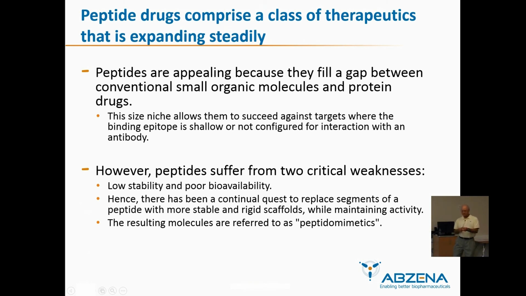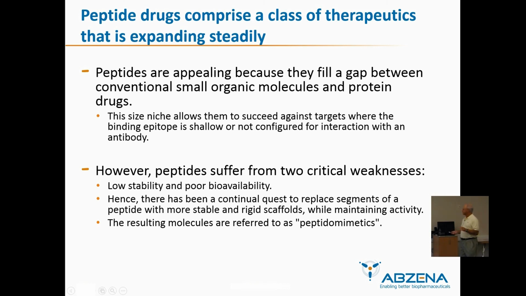I think I have enough time to quickly get into the peptidomimetic part. So we're going to switch gears now and start talking about peptide drugs, which are appealing because they have a niche, which is somewhere between the small organic molecules and the kind of protein drugs. So there are systems where you need something that size to get effective modulation.